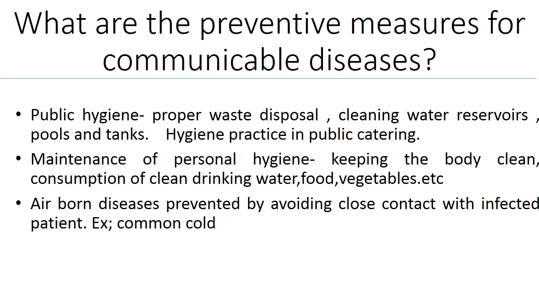And the belongings of an infected person should not be used by a healthy one. By these few measures, the spreading of airborne disease can be avoided, or by using a mask or gloves. These are a few preventive measures that can be followed in airborne diseases.